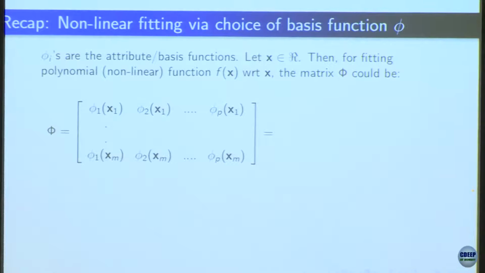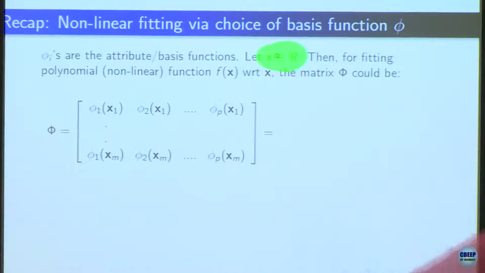Okay, now we will move on to nonlinear fitting. At the end of last class, I said this is something we will get into now. So the phi i's are attribute basis functions. Let's say that my example x is just a real scalar.